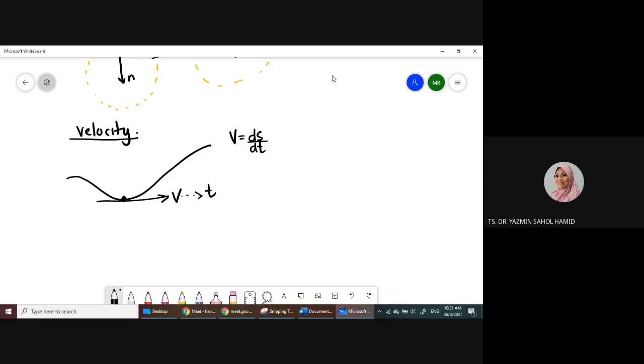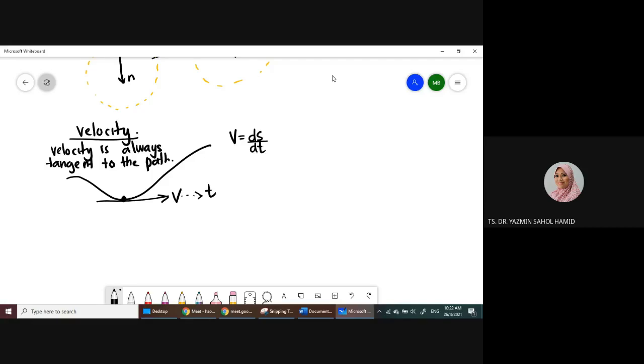That is for velocity. So maybe you should write it down: velocity is always tangent to the path.